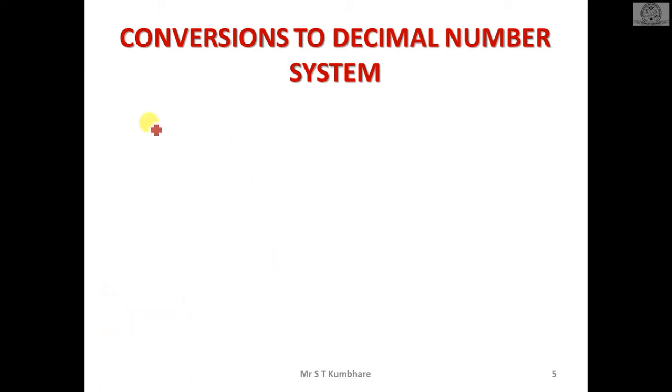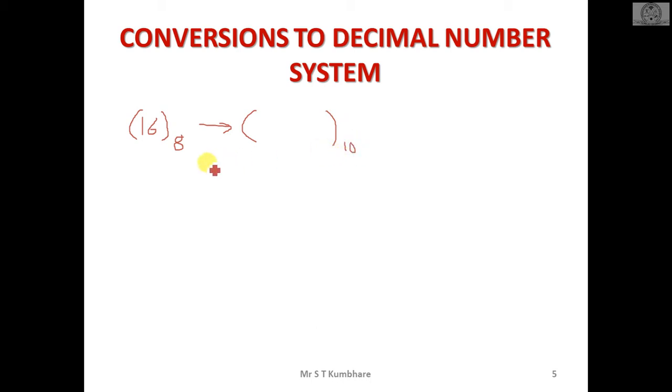Now suppose I want to convert octal number into decimal number. Let's take an octal number, say 16. This is an octal number. I want to convert it into decimal number.